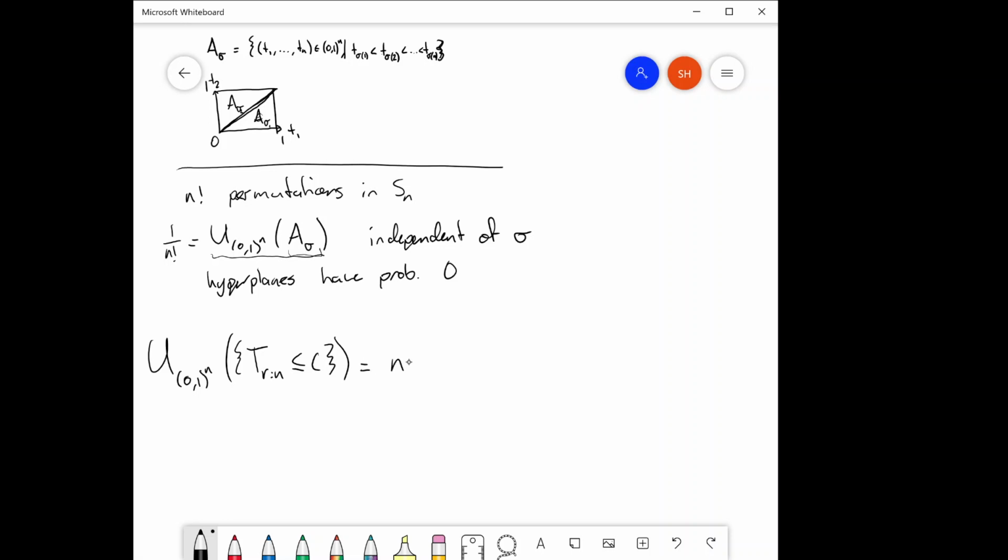is equal to n factorial times, well, the uniform distribution on just one of these triangles, 0, 1 to the n, T_R^n less than or equal to c, intersect t1 ... tn such that t1 is less than ... less than tn.